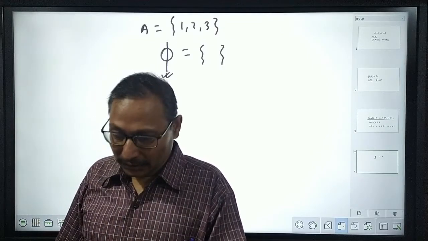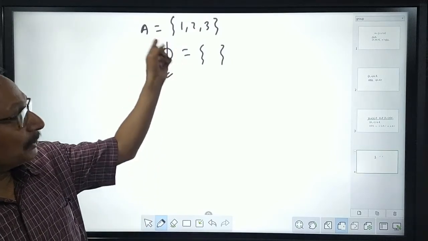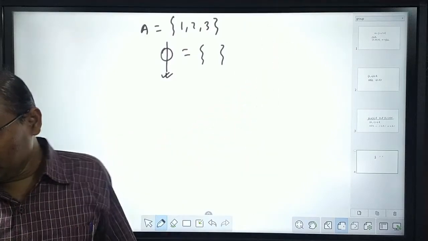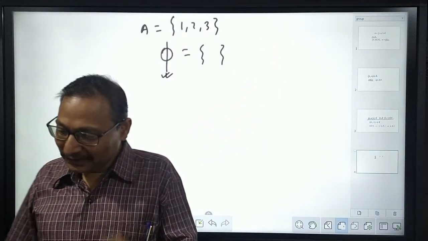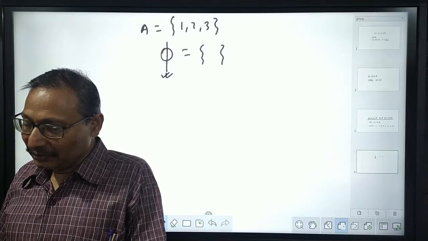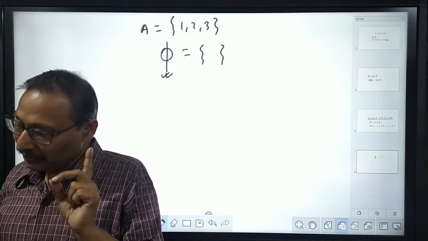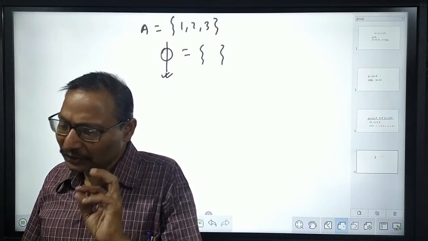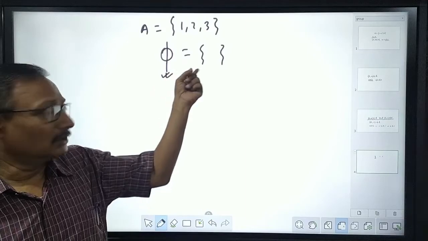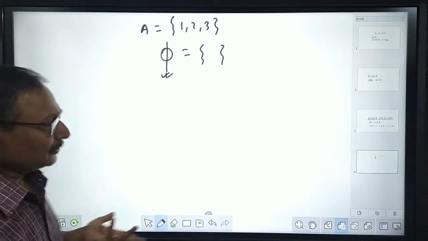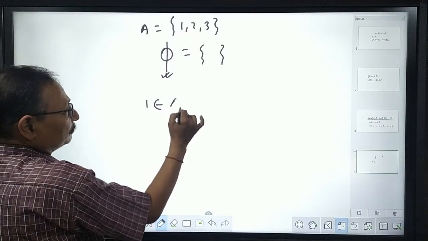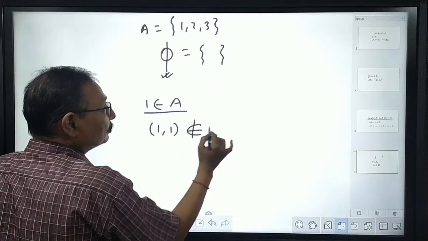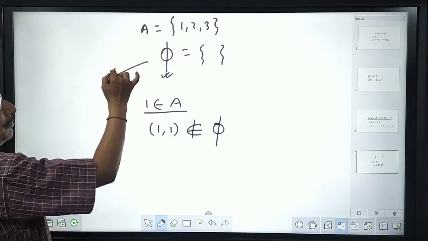So if we pick any element from the given set as 1 or 2 or 3, then we are to check whether 1 is related to itself or not. That means, is (1, 1) in this relation or not. Clearly, if we take 1 from set A, then we know that (1, 1) will never belong to phi.